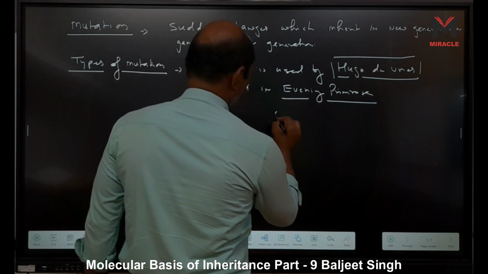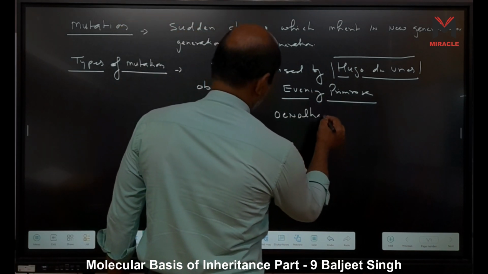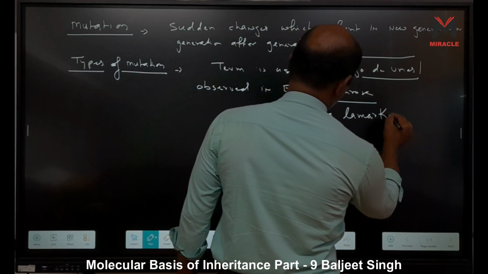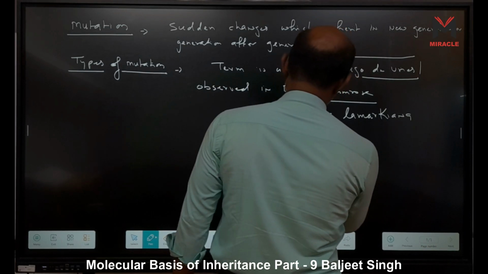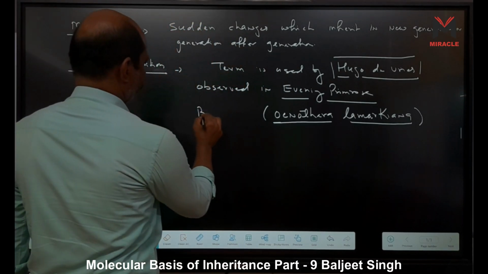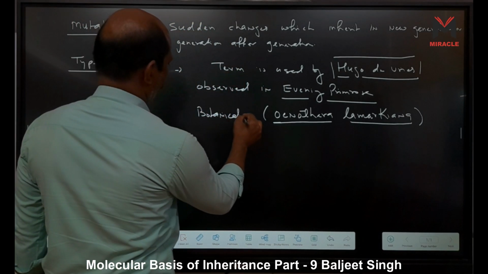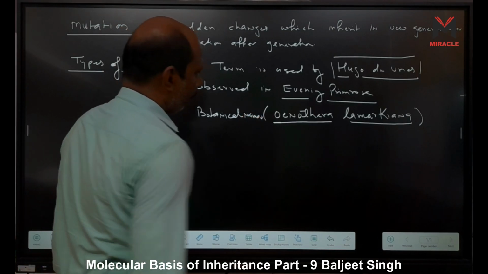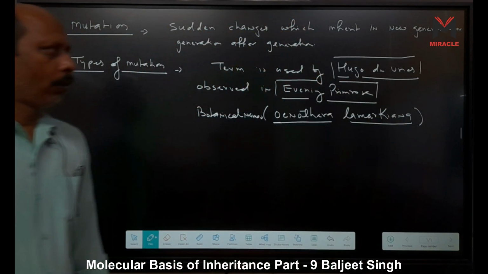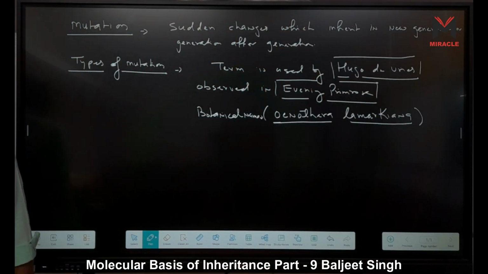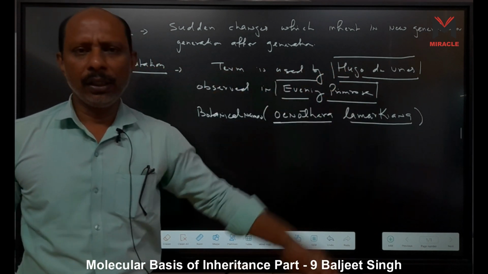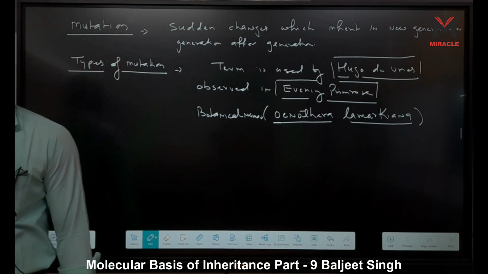This is the botanical name of evening primrose. So we can say the father of mutation is Hugo de Vries.